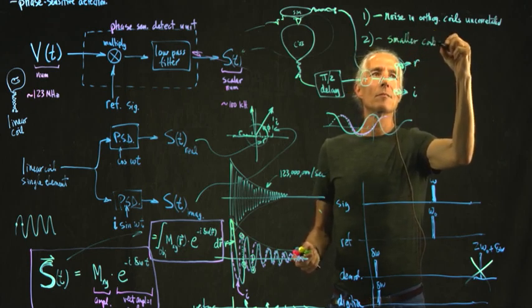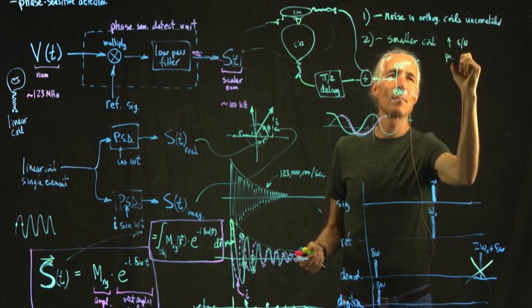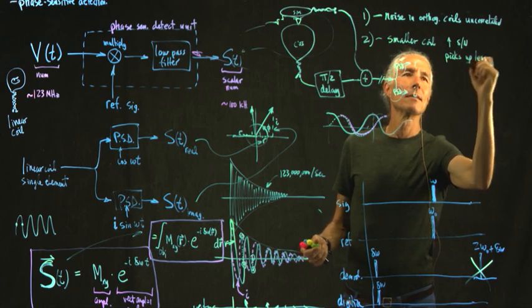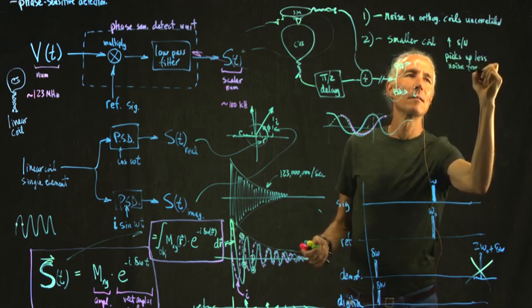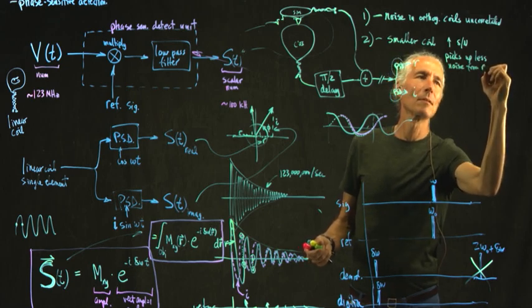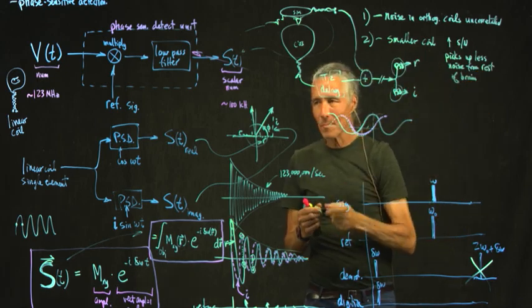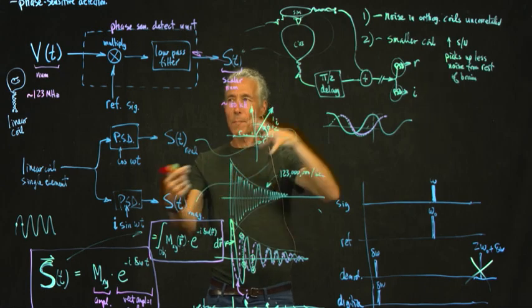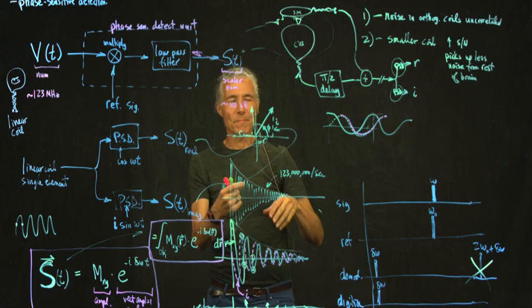A smaller coil has better signal to noise, and the reason is it picks up less noise from the rest of the brain. It picks up the same signal from the particular part of the brain that the coil is over that a big coil would pick up, but then it picks up less noise from all the rest of the brain.